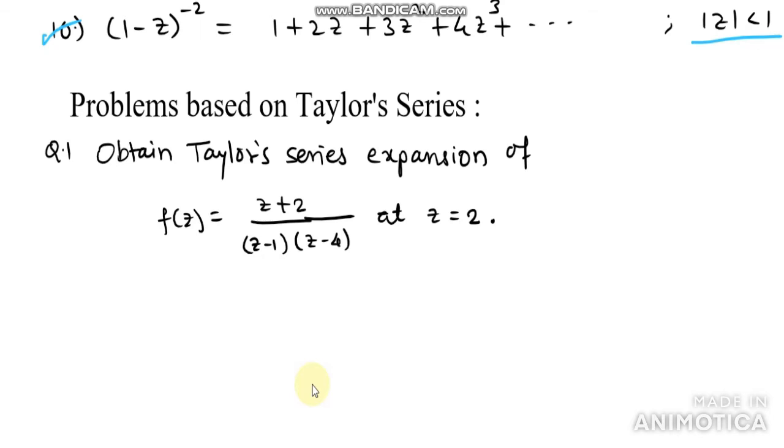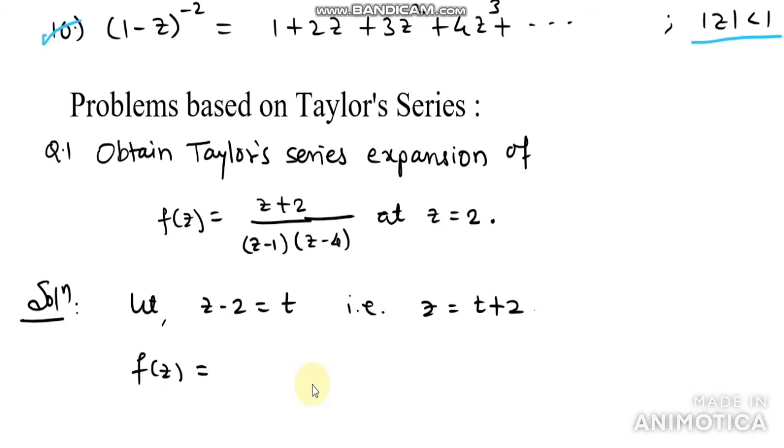So here in the denominator there is no term in z minus 2. So let us use some substitution in the solution. Let z minus 2 is equal to, suppose, t, that is z is equal to t plus 2. So this is the substitution and we are going to use this substitution in the given function.